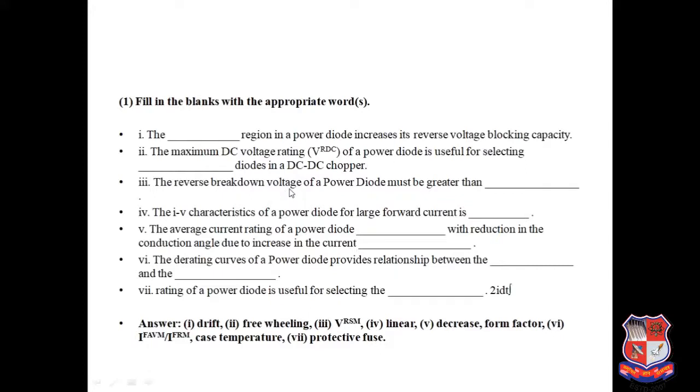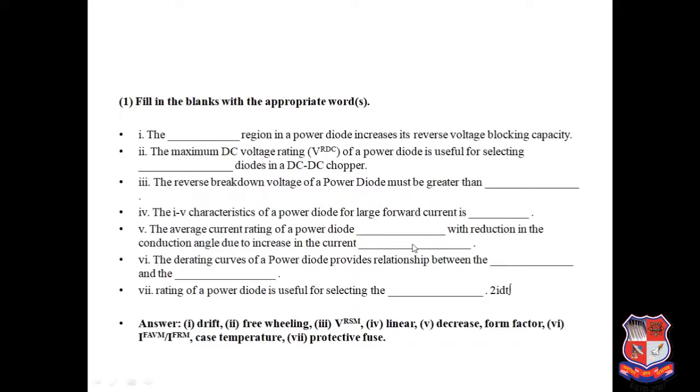The reverse breakdown voltage of a power diode must be greater than the V_RSM, which I already explained. The characteristic of the power diode for large forward current is nothing but linear. Now, the average current rating of a power diode decreases with the reduction in the conduction angle, that is, with the increase in the form factor.